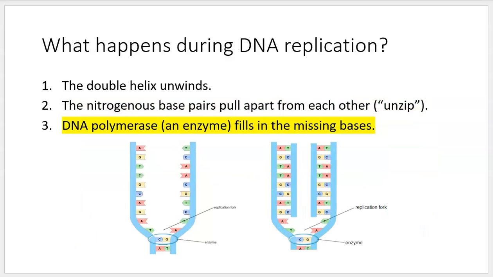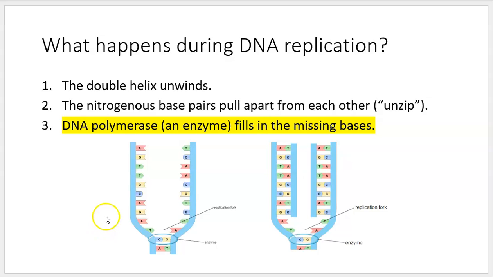Step number three, DNA polymerase, another enzyme, will come in and then fill in the missing bases, right? So we have two strands. We just split this DNA molecule. So here's the strand on the left, here's the strand on the right. They were together earlier. So DNA polymerase, another enzyme, will come in and bring in base pairs, right, to match them up.